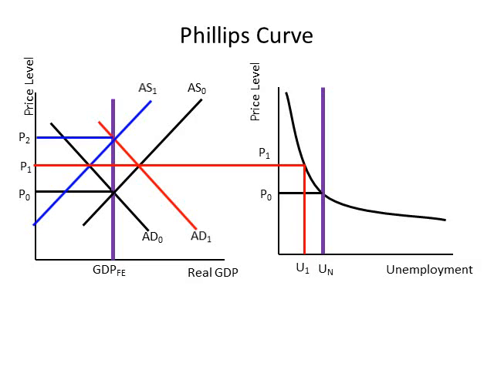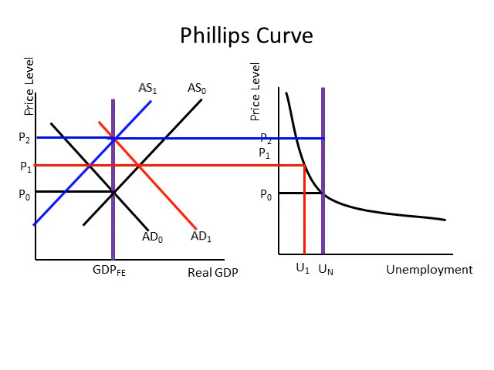If a line is drawn from the price axis on the aggregate supply and demand graphs to the Phillips curve graph, it will cross the price level on the Phillips graph at P2. Since the full employment GDP is associated with the natural rate of unemployment, a line is drawn from P2 to the line representing the natural rate of unemployment.